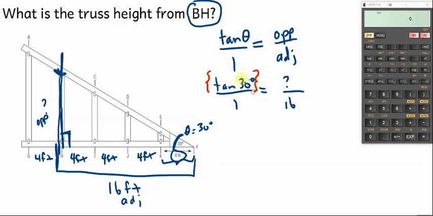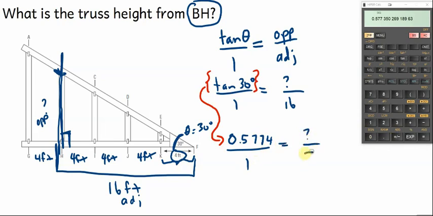We need to put that as a decimal format so we can work with this for proportional reasoning of some sort. So we type in 30 degrees, and we want to know the tangent of it. Okay, so this is about 0.577, and I'll even round it up to 4, because that's probably what your chart has on your formula sheet. Over 1 equals some question mark over 16.